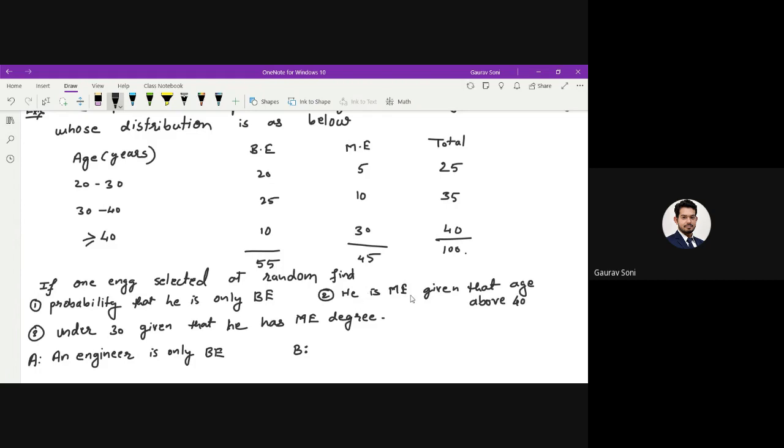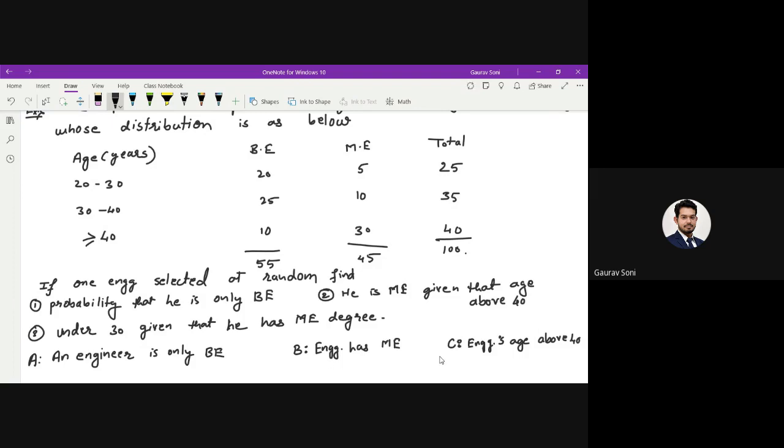Look at the second one. He has a master's degree. So event B I will define as an engineer has a master's degree, an engineer has ME. What about the event C? What is the condition? Given that age is above 40, so I will make an event that the engineer's age is above 40.